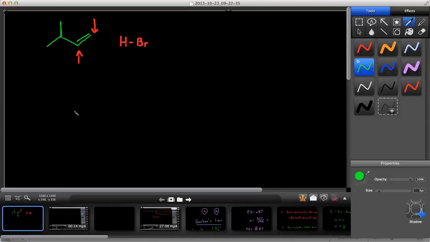So let's look at the alkene as a nucleophile, and let's look at HBr, where the hydrogen is an electrophile. Anytime you have a strong acid like HBr, the nucleophile will not be the Br.